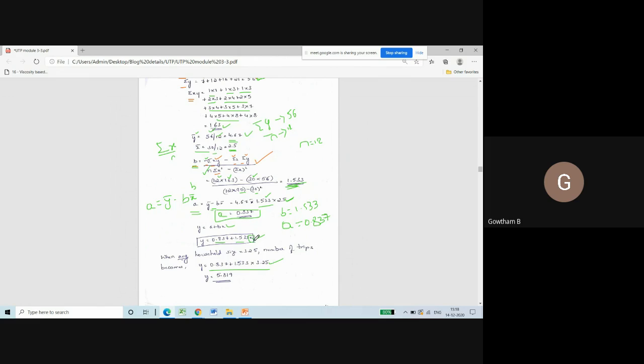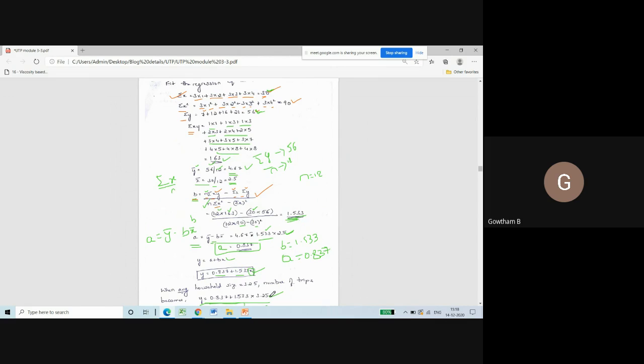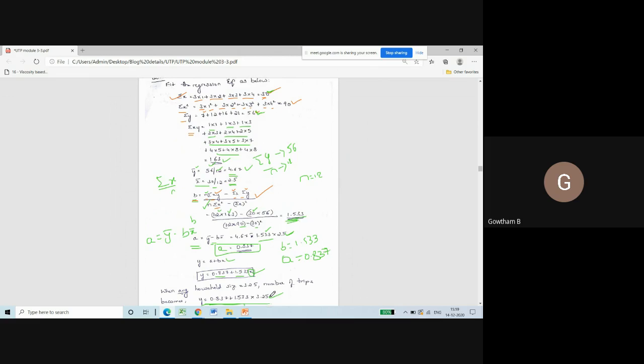Here x is there; for this x, I will put the given value in the problem as 3.25. Then the total number of trips produced is 5.819. That means for household size 3.25, the total number of trips produced per day as per the regression analysis is 5.819. Guys, this is how you need to solve a problem on regression analysis.